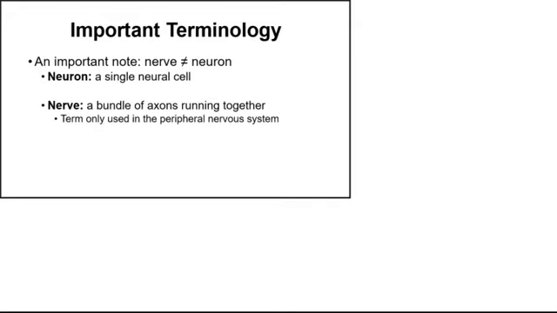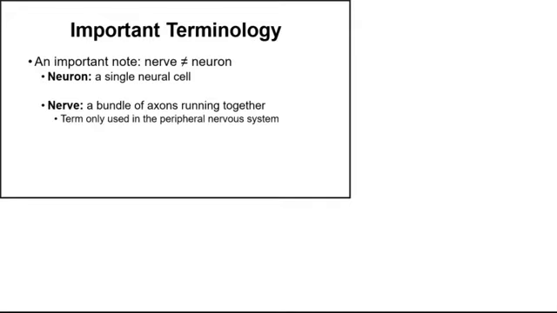So this starting point is meant to clarify some of that stuff and reduce confusion later on. So the first of these is similar words that do not mean the same thing. The difference between a neuron and a nerve. So we've been talking about neurons. Those are the single neural cells. Those are the individual units that we've been looking at so far.